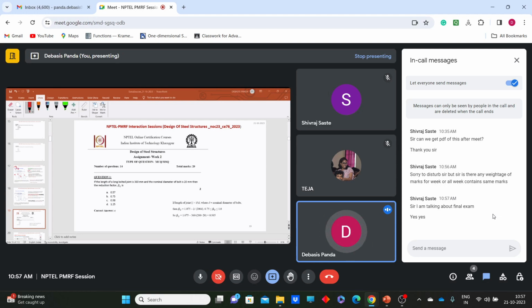But in general, from each of the assignments, there should be an equal number of questions. There can be a 10 or 20% deviation, that is the privilege of whoever is setting the paper. So particularly the rule is that the same number of questions should come from each of the weeks.